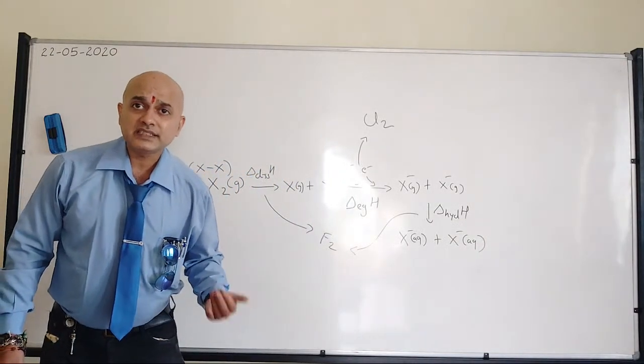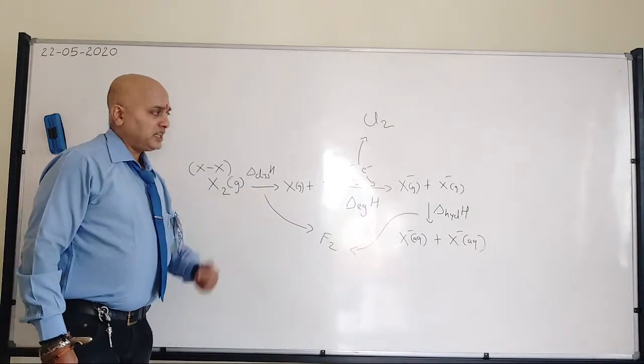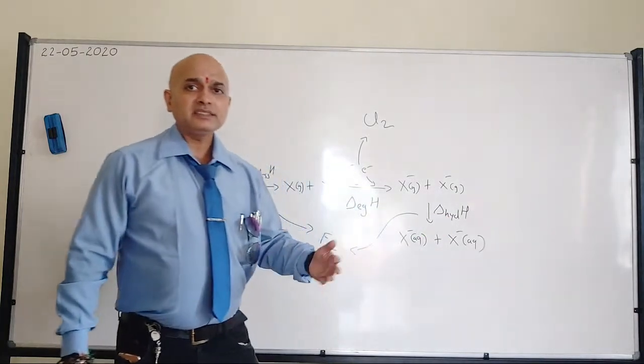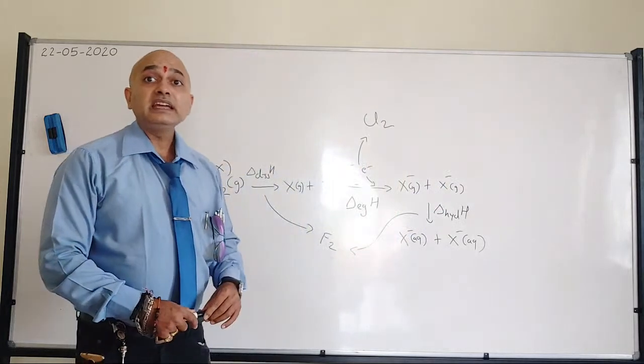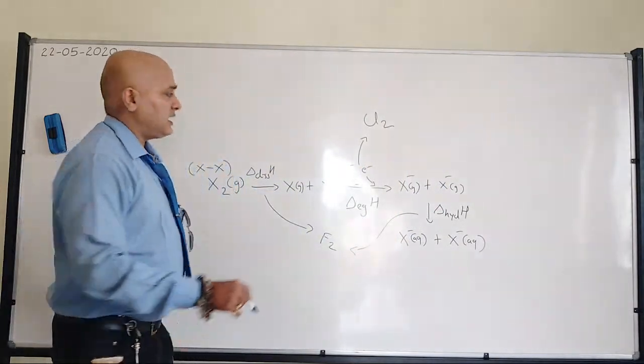The answer is very simple. That is due to low bond dissociation enthalpy and high hydration enthalpy. Means it can easily go into the solution. A high amount of energy will be released. That's where we have the hydration enthalpy.